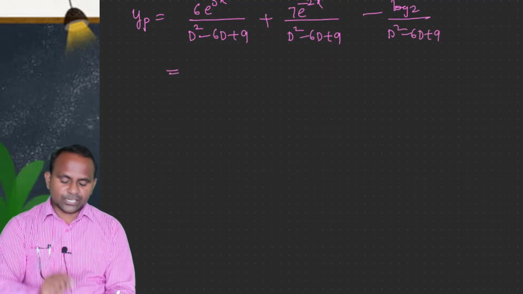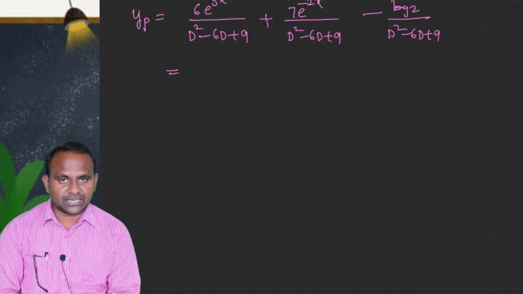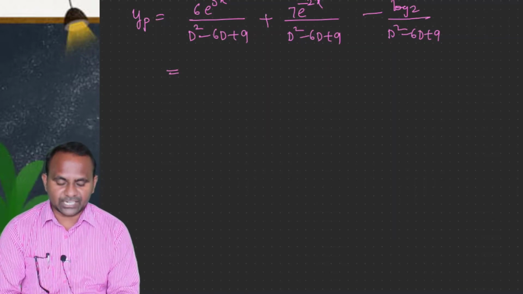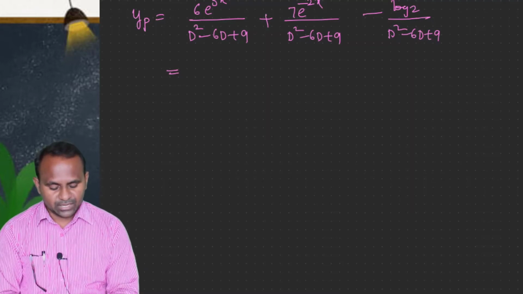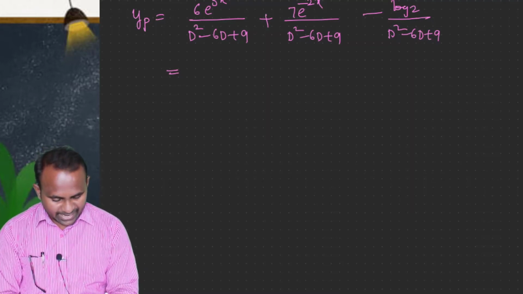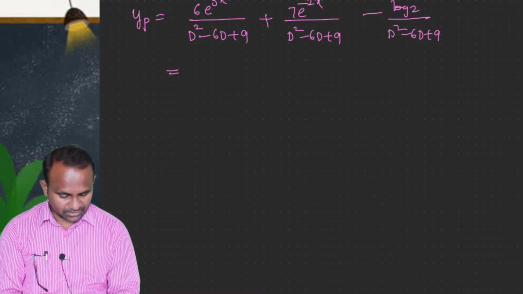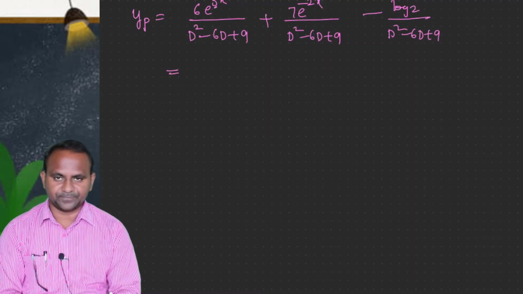See, your intention is to put 3 in place of D, because your right side function is e^(3x). So it is in the form of e^(ax) over f(D). Your intention is to put a in place of D, meaning a is 3 here.